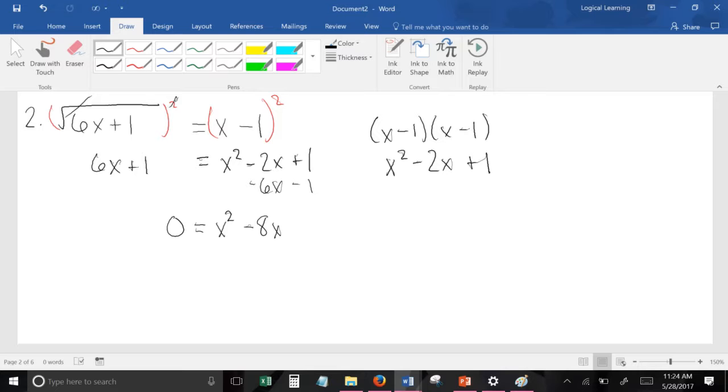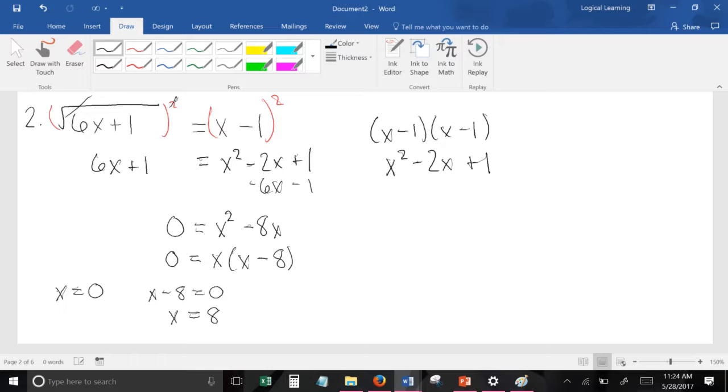So solving this, just as we solved similar quadratic equations, we can factor out an x, and we get x times x minus 8. By the zero product property, we get x is equal to 0, and x minus 8 is equal to 0, which gives us x is equal to 8.